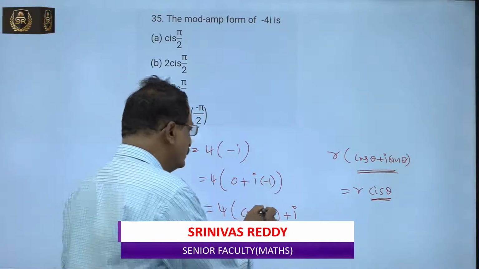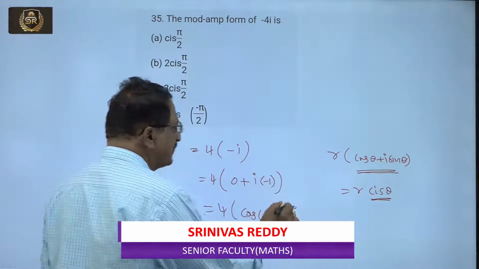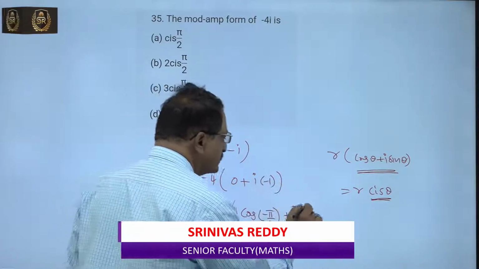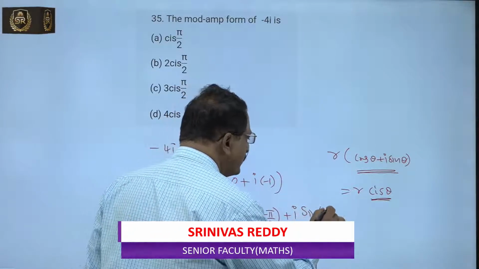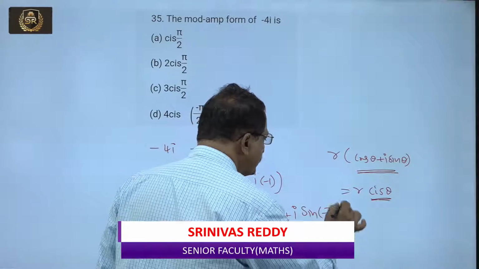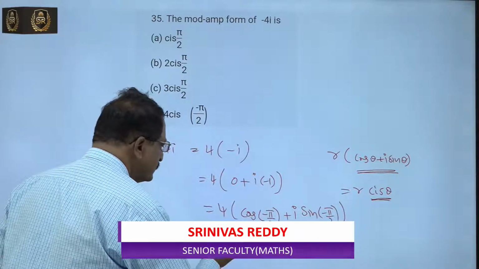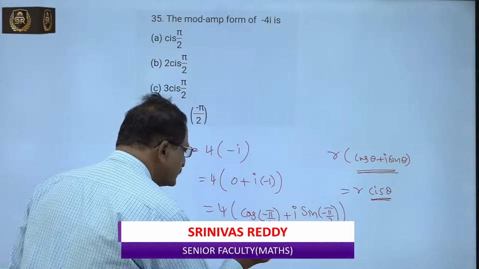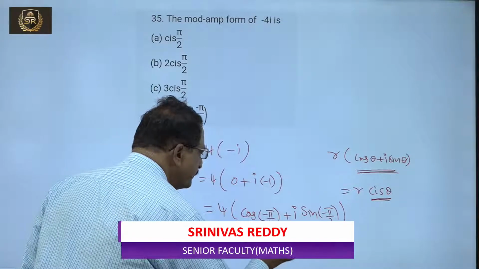So 0 can be written as cos minus pi by 2, and minus 1 equals sin minus pi by 2. That equals 4 into cis minus pi by 2.